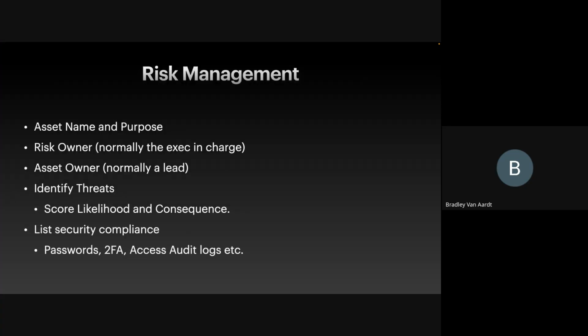You need to document all your assets, virtual or physical. So you might have an EC2 instance. You need to list that, say what it's for, say who the risk owner is, say who the asset owner is. And the difference between those is the risk owner is normally the person that signs off on it at the top, and the asset owner is normally the person that does the day-to-day operations on it.